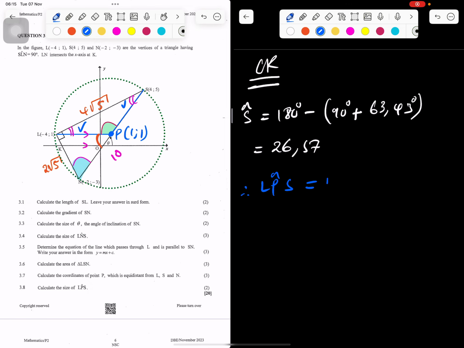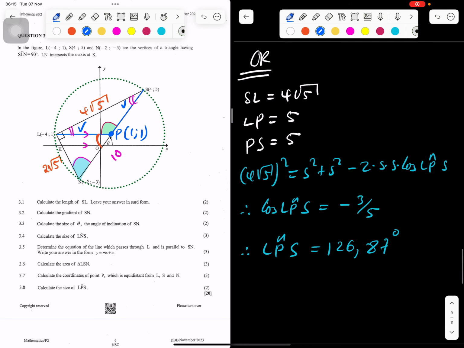Okay, so this will be 180 degrees minus twice this 26,57 degrees there. Let me do that, 180 minus twice 26,57. We get 126,87 degrees. Okay, but you can also use the angle at center is twice angle at the circumference here.